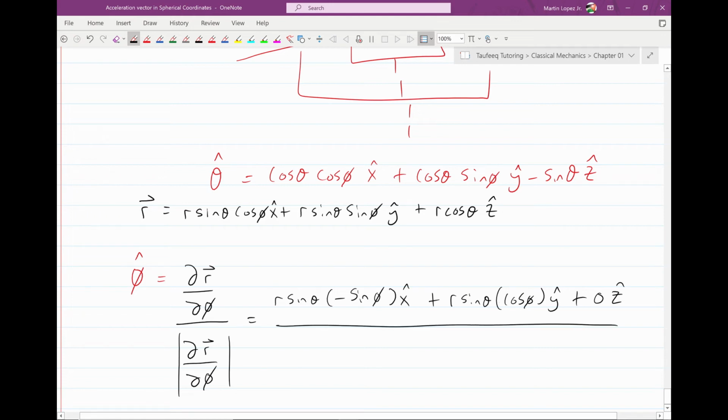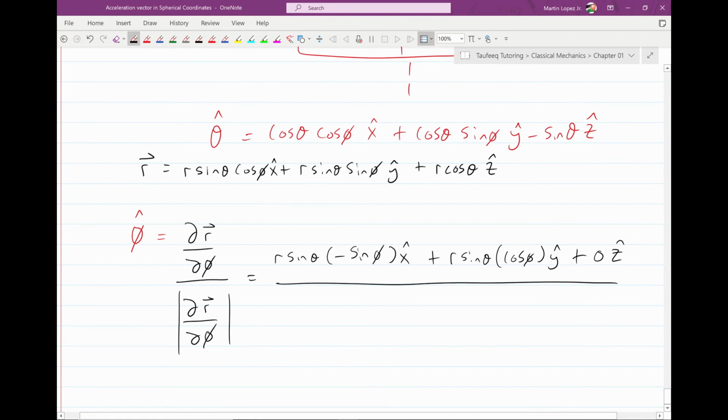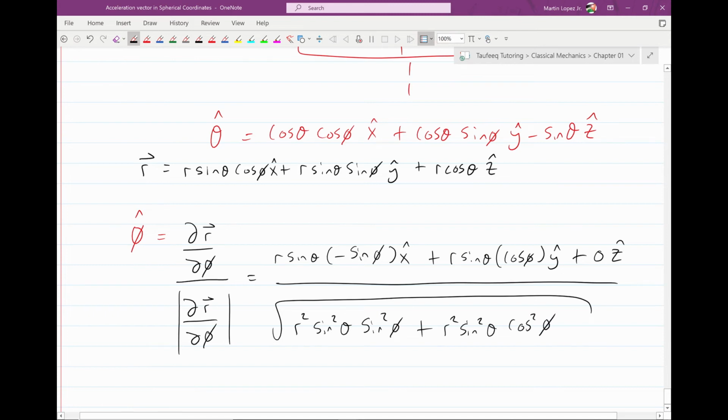That felt good to say. Just plus 0. And the denominator ends up being the square root of r squared sine squared theta sine squared phi plus r squared sine squared theta cosine squared phi. Now I will do a little faster simplifying here. So the r's go away, right? There's an r in every term.